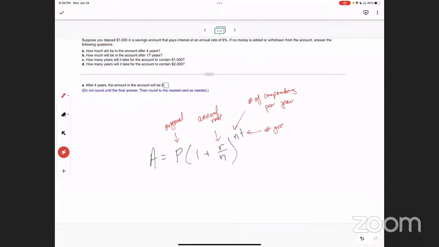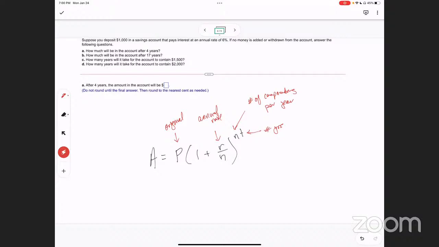If you've ever had an interest bearing account, they don't only pay you interest once a year, they pay you every month. So they're taking their annual rate and dividing it by the number of months, but then they're compounding that every month. So you're actually going to make more money if they compound it more often, because you're making interest on your interest.